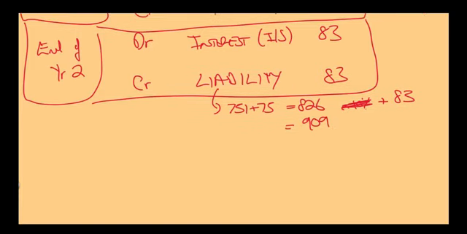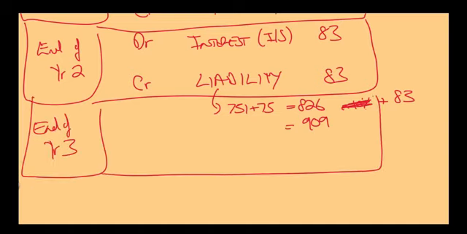And then finally, at the end of year 3, when I have to do the dismantling, if you remember, here I go. At the end of year 3, I know I'm going to debit interest. I know I'm going to credit liability. Can you work out with how much? Well, my liability at the moment is 909. You can see there 909.